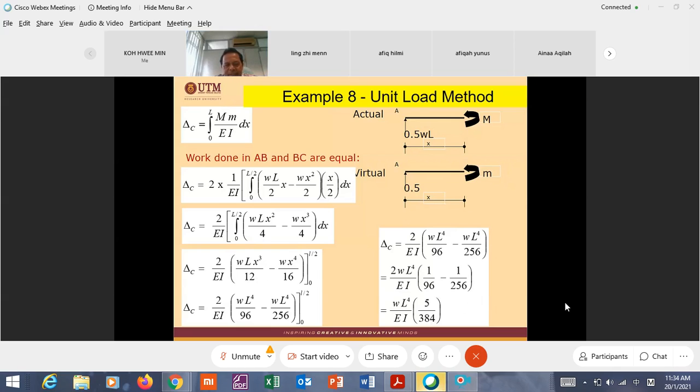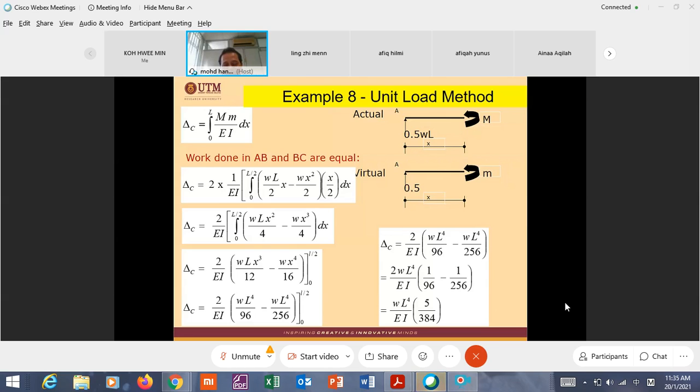But if I'm not mistaken, for the point load I have not shown you the method of double integration and Macaulay method. So you have to do it yourself. I can show you, but we have no time. It is in this slide actually.